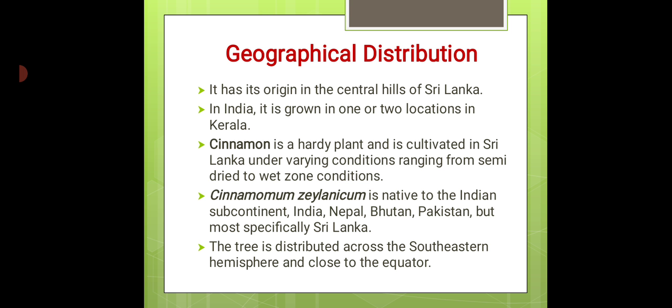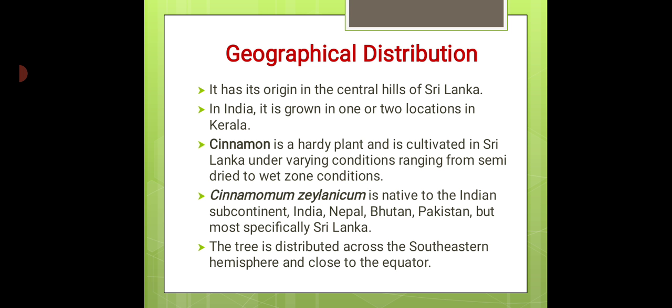Then geographical distribution of cinnamon: it has its origin in the central hills of Sri Lanka. In India, it is grown in one or two locations in Kerala. Cinnamon is a hardy plant and is cultivated in Sri Lanka under varying conditions ranging from semi-dry to wet zone conditions.